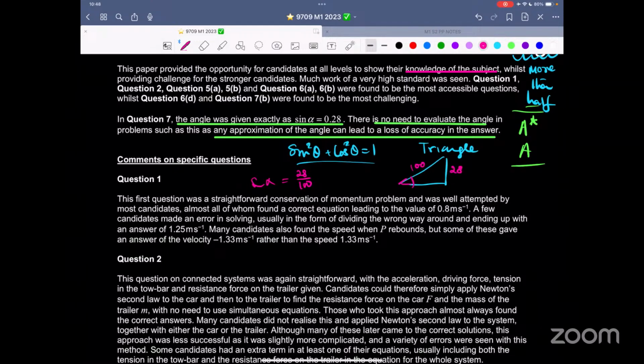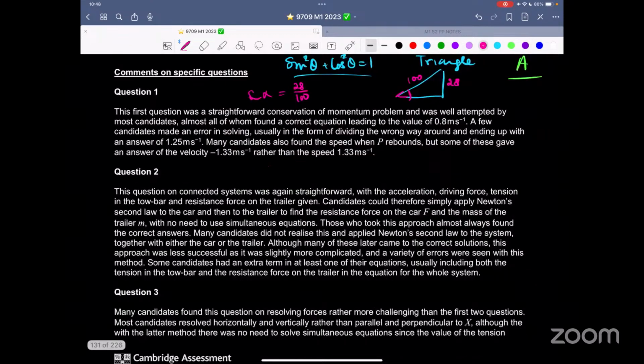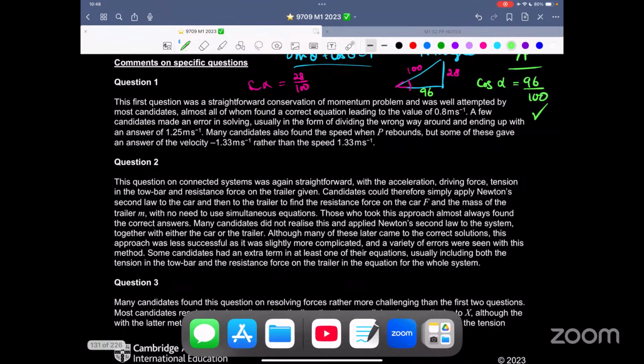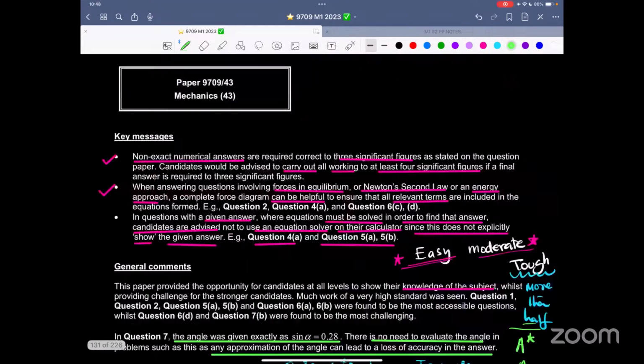Then 10,000 minus 784 is 9216, and let me take the square root. That comes out to be 96. So the base is 96. Therefore, cosine of alpha is 96 over 100. We can also work it out like this. Got the idea? So I think that is pretty much about it.